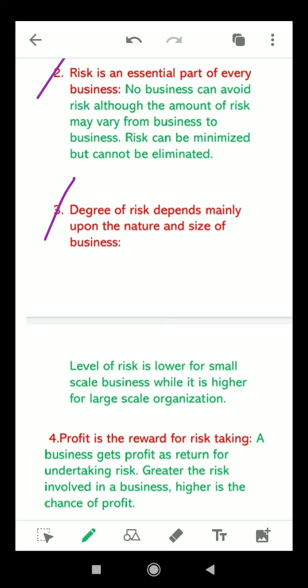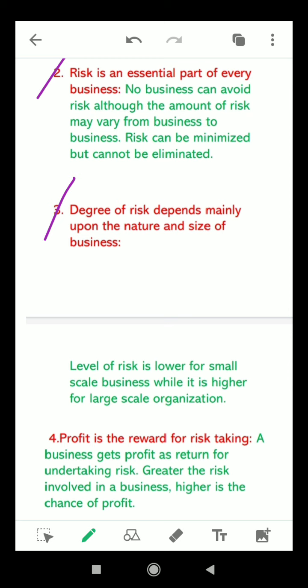Number 3 is the degree of risk depends mainly upon the nature and size of the business. The level of risk is lower for small scale business while it is higher for large scale organizations. For example, a person dealing in fashion items has more risks.